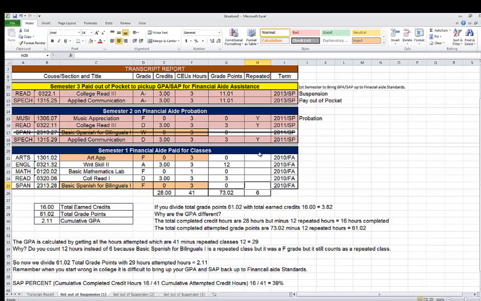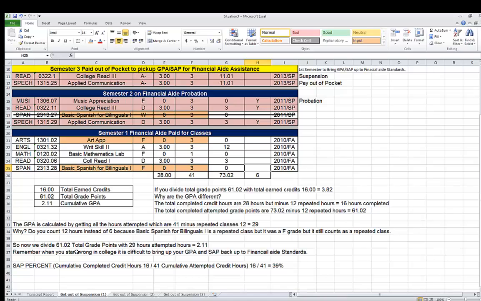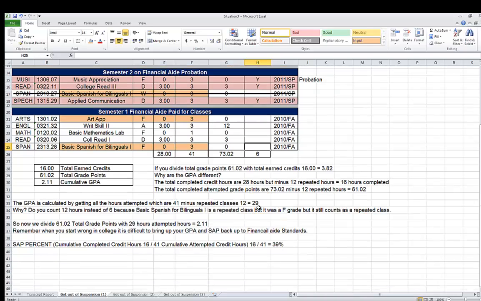So that's 12: 3, 6, 9 plus 3 is 12. It was an F grade, but it still counts as a repeated class. So now we divide 61.02 total grade points by 29 attempted hours, which equals 2.11. Here's the 29, 29, 61.02, 61.02, and that gives you a 2.11.